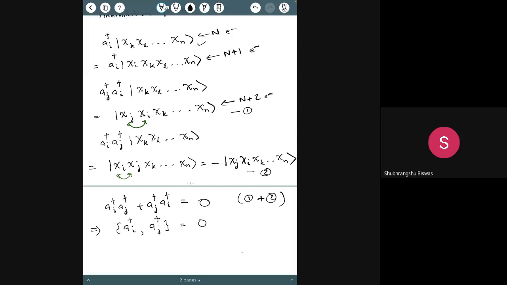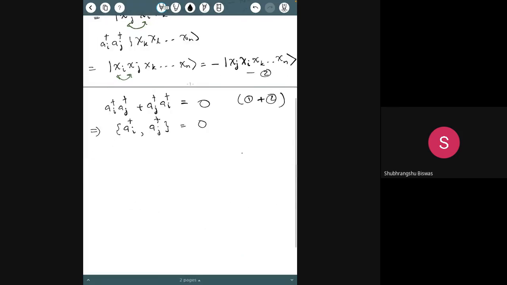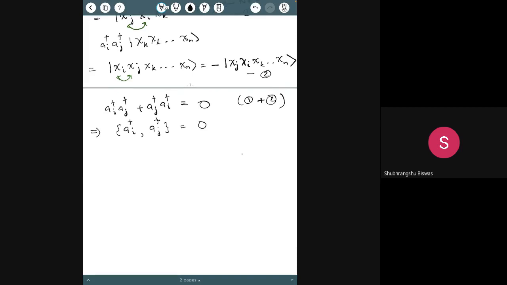Similarly, I guess you can already see it if you have annihilation operators. If you have A_i A_j acting on the function, the only thing that's different here is one step. So let's say my chi i and chi j are somewhere in the middle at some arbitrary position.